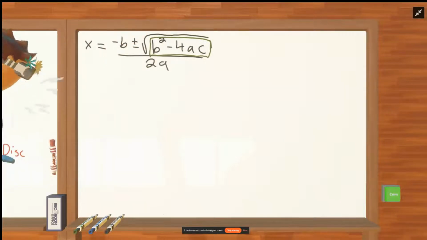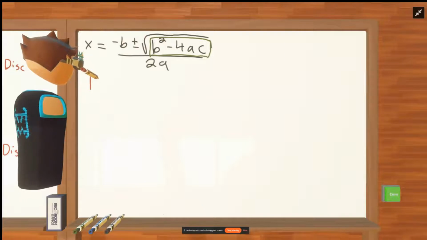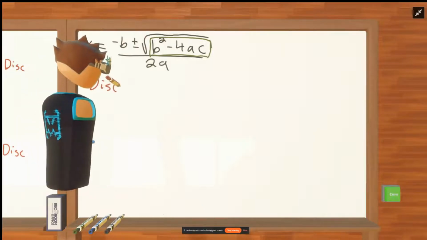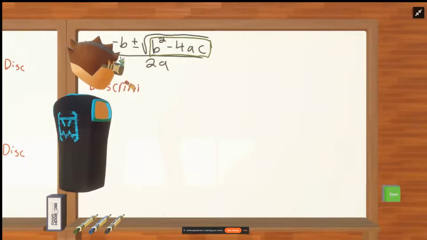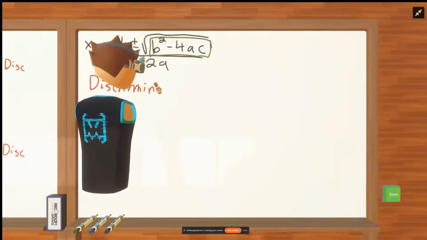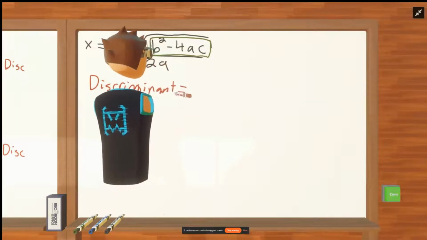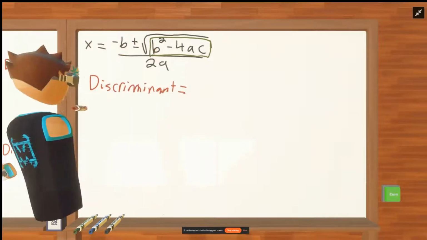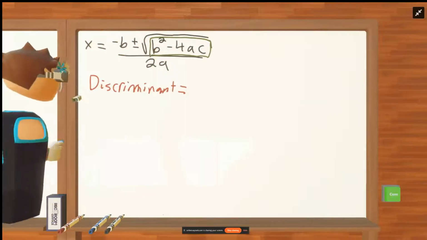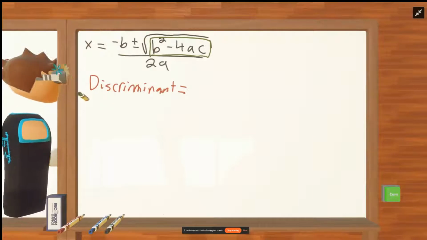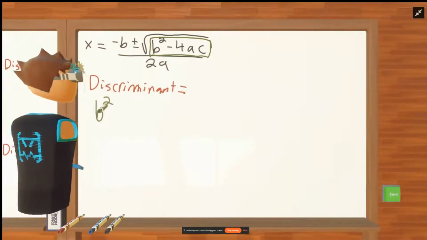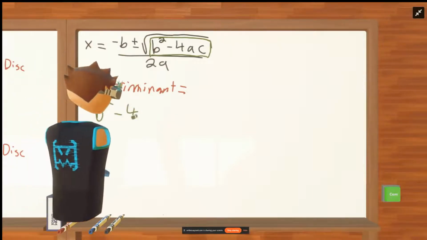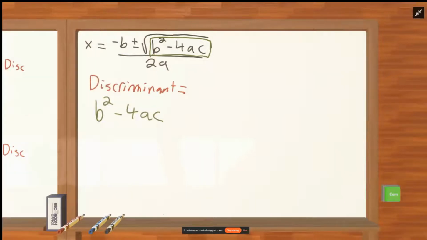So I'm going to label that, and we're going to call that discriminant is equal to our b squared minus 4ac. And I'll put that right here in green here. So discriminant is equal to b squared minus 4ac. So this is the discriminant.